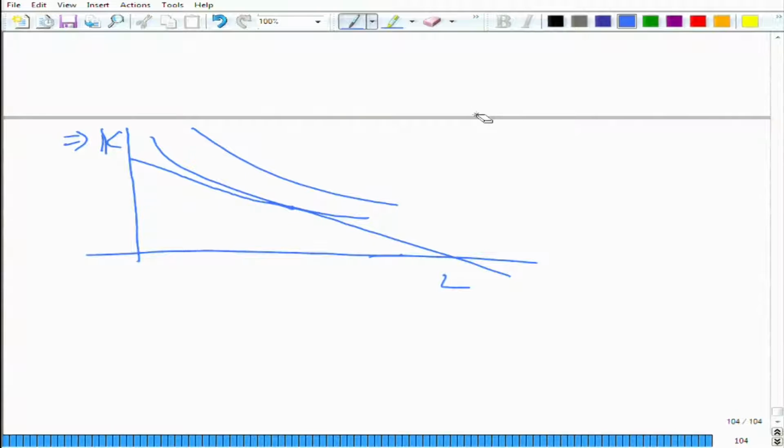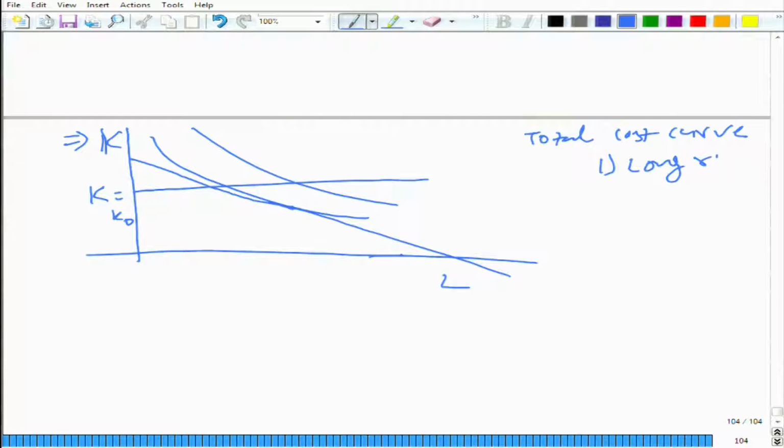The way we have drawn here, it is of course long run, and let us say in the short run you have K fixed at K naught. Now, what you should do is derive the total cost curve for the long run and the short run, how it would look like.